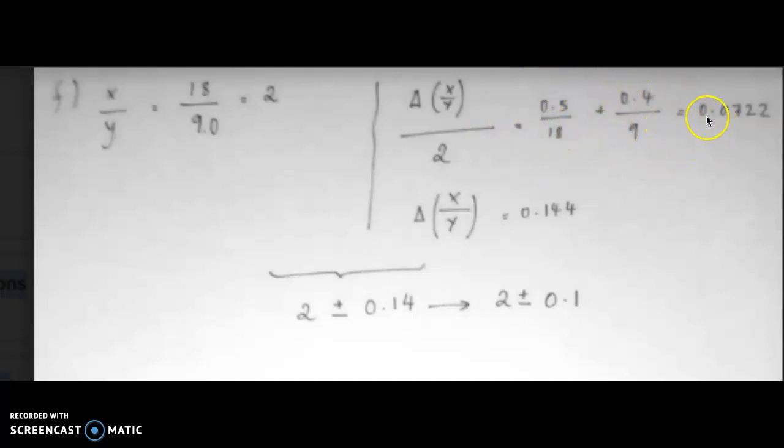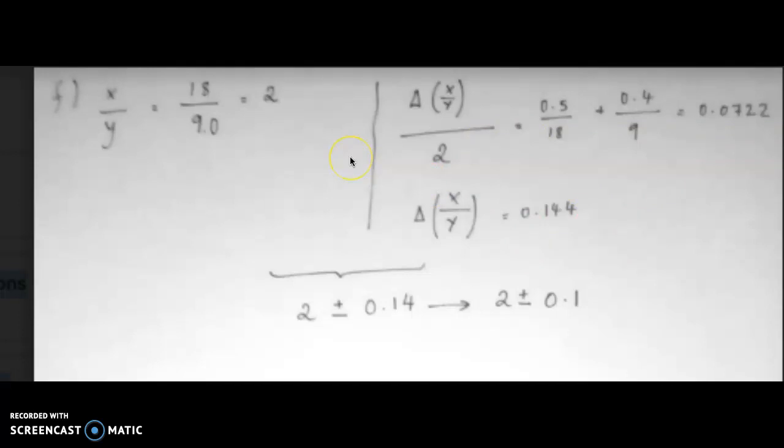So these give you, once again, 0.0722. The difference is that now we're going to multiply that by 2, right? Not the number we had in the previous question, but now it's 2, because that's our value of x divided by y. And that will give us 0.144.